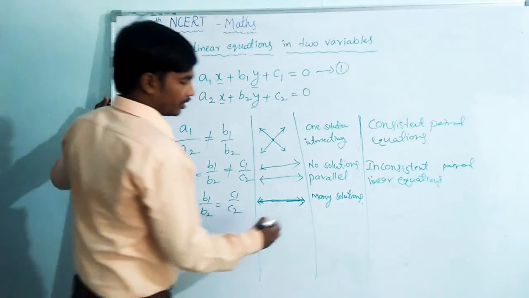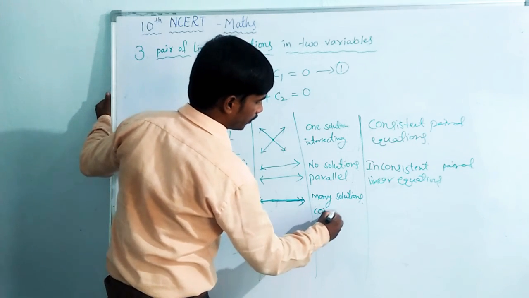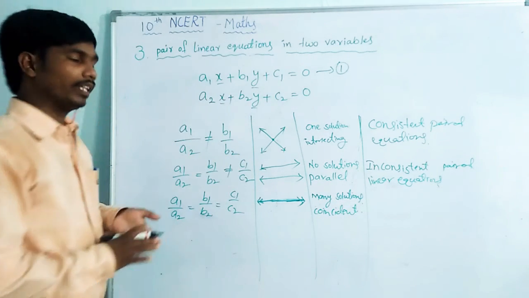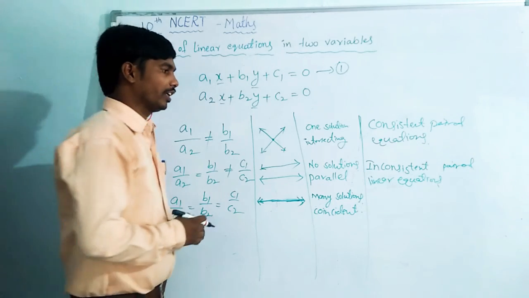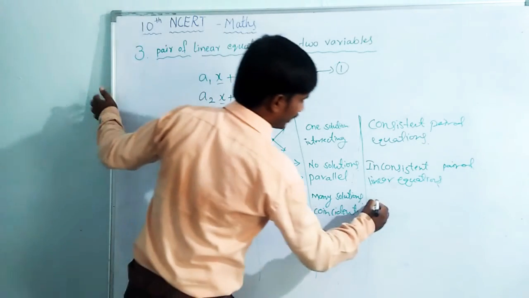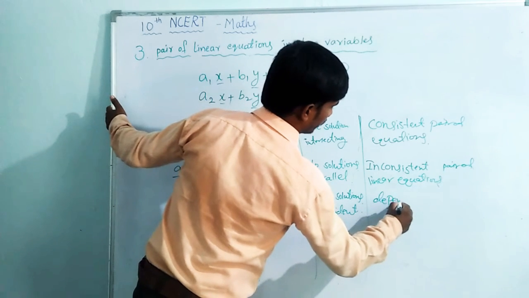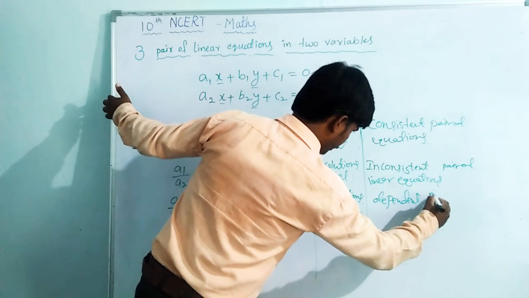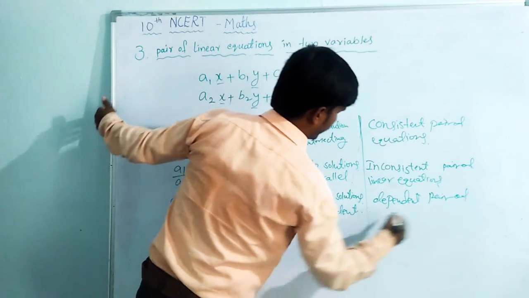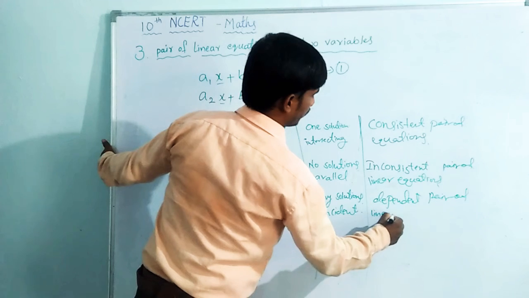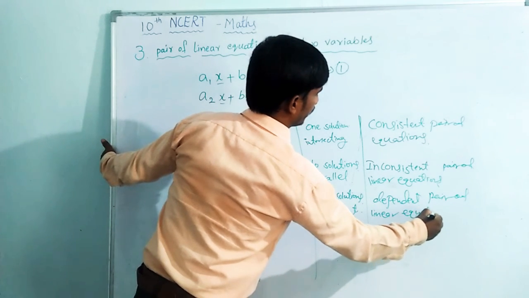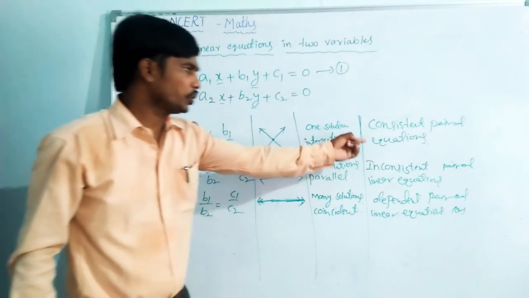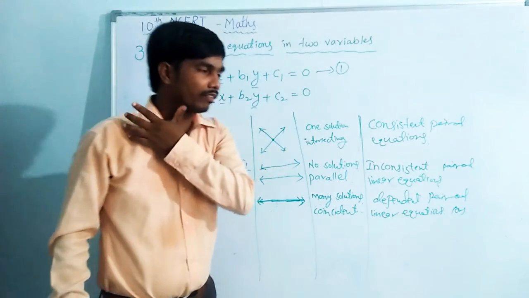And the lines are coincident. If the pair of linear equations has many solutions, we call it a dependent pair of linear equations. Or, if they have one solution, we call it a consistent pair of linear equations.